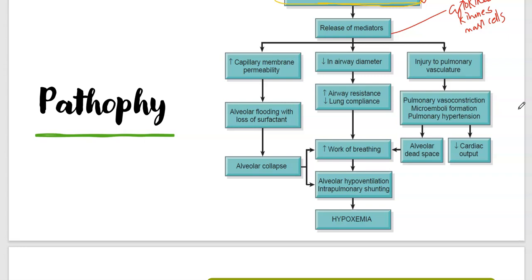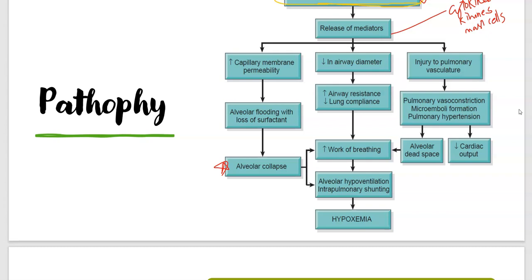However, what happens with your acute lung injury is that instead of air trying to get in your alveoli, what do we have here? These are water. These are fluids. These are secretions, causing you to have eventually your alveoli collapse. Okay? Next, in airway, there is a decrease in your bronchiole or even your bronchi diameter, okay?